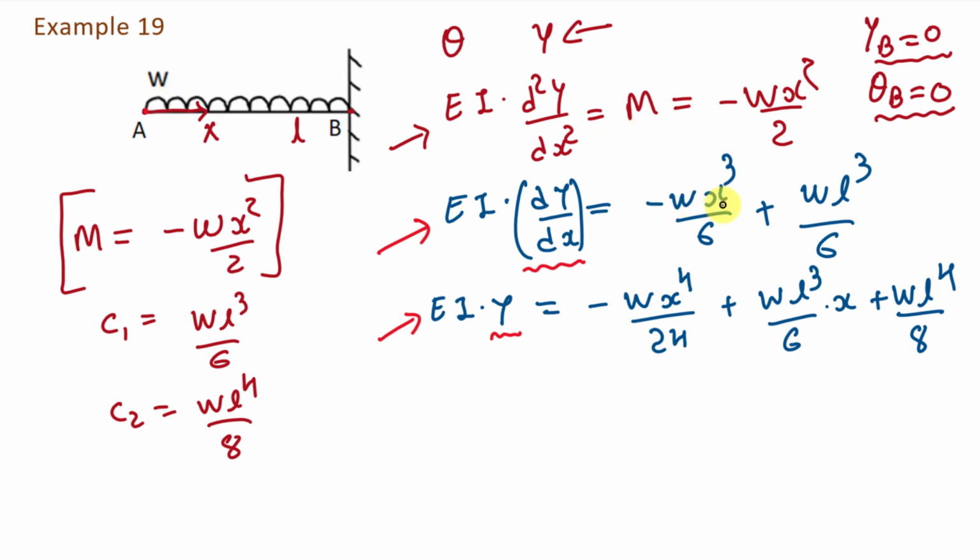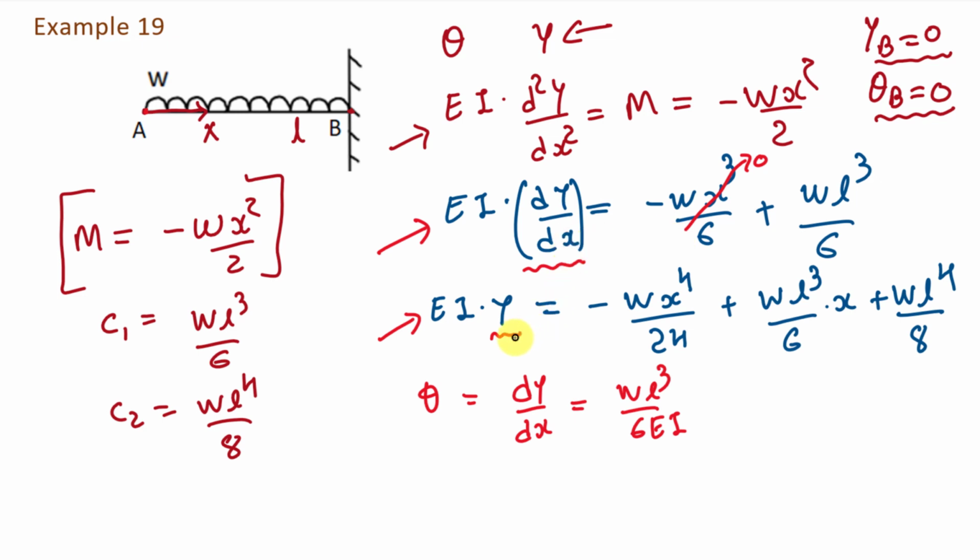If we put x is equal to 0 here, then this term will be 0. So from here we can write that theta, which is equal to dy/dx, will be equal to WL³/6, and this E into I will be multiplied with 6. So it will be EI.